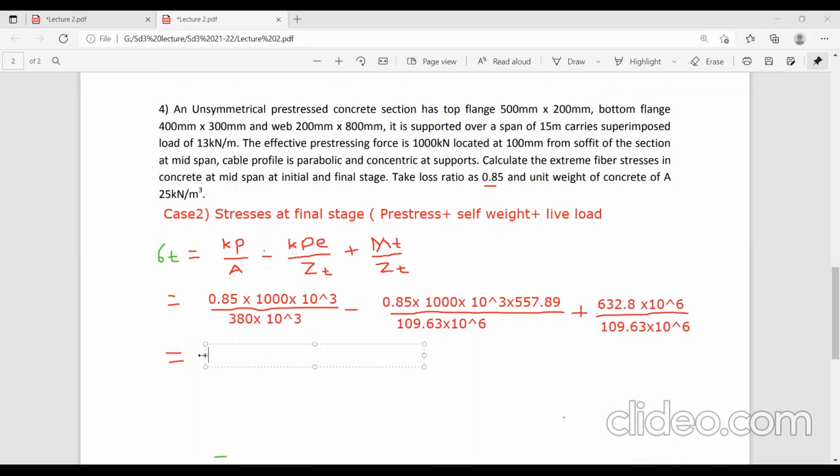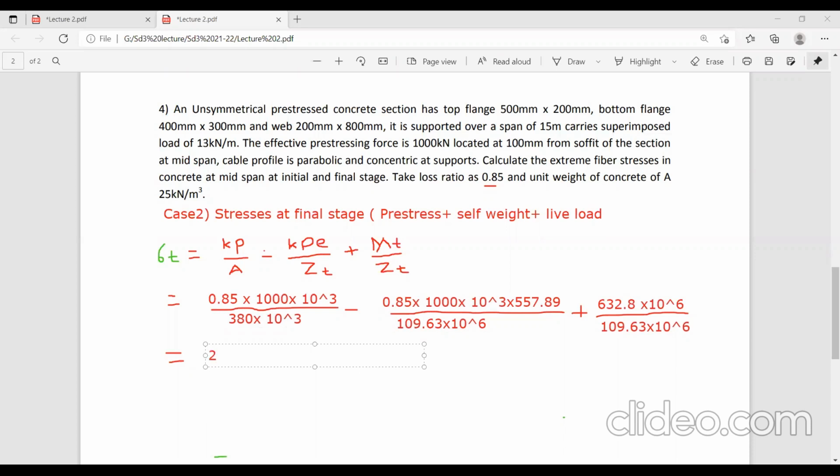Tell me, has anybody done the calculation? 0.85 into 10 to the power, divided by 380.